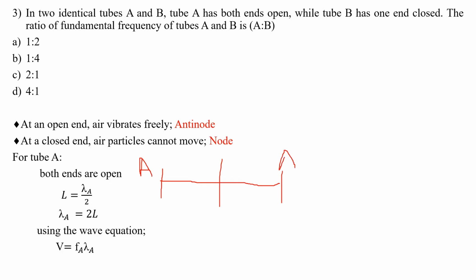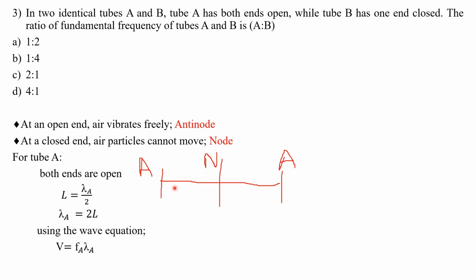This is the antinode. And also in the middle we have a node. So the both ends are open, so we can get the antinode.